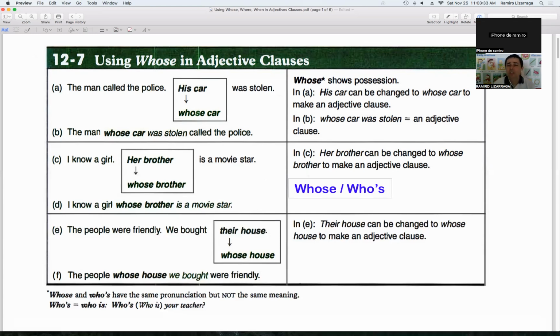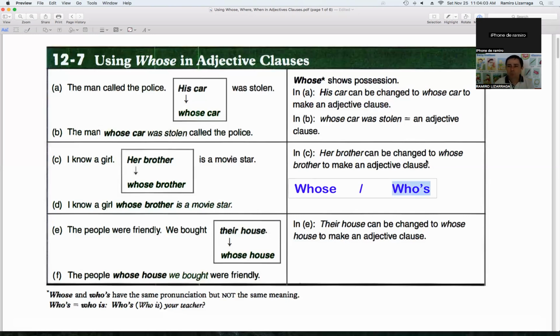As you can see here on the screen, who's and whose have almost the same pronunciation. But no, I think there's a slight difference. Whose, okay, no, they have the same pronunciation. Same pronunciation, but not the same meaning.